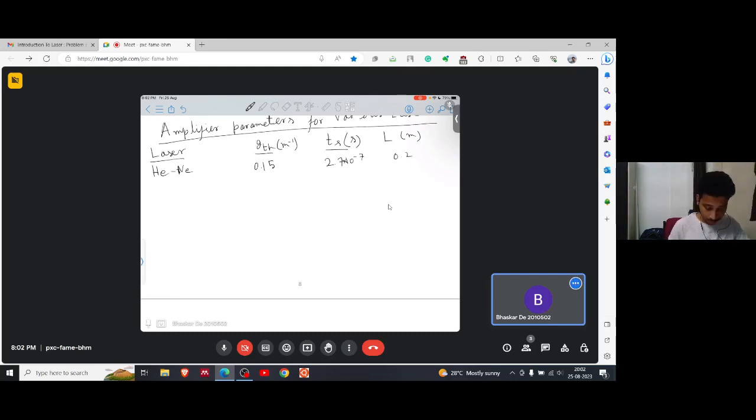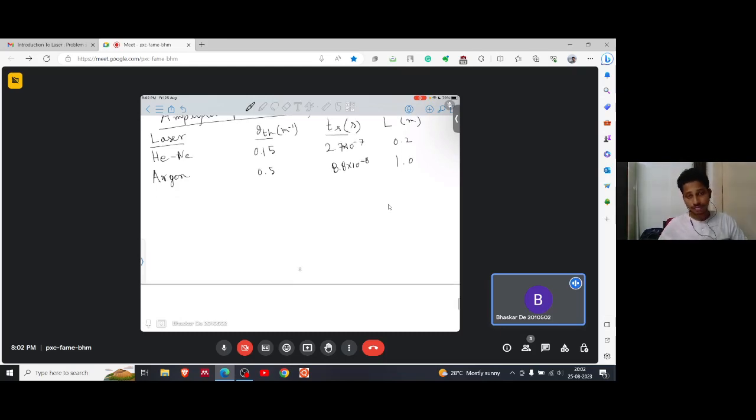Then another laser is argon, which has a gain threshold 0.5, length 1 meter, and gain duration 8.8 into 10 to the power minus 8.